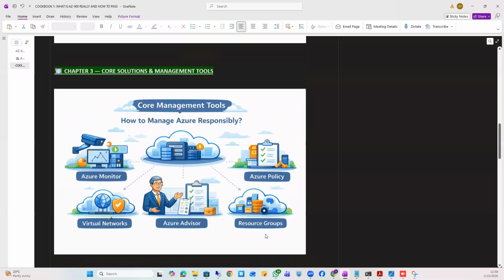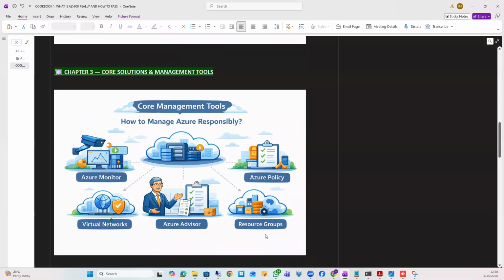And then we're going to look at the core solutions and the management tools of Azure. So we're looking at Azure right now. We have something called Azure Monitor, Azure Advisor, resource groups. So core management tools basically is going to test you in AZ-900 on whether you understand monitoring, or cost management, or governance.